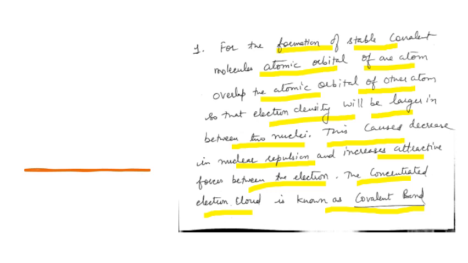The concentrated electron cloud between the nuclei is called the covalent bond.